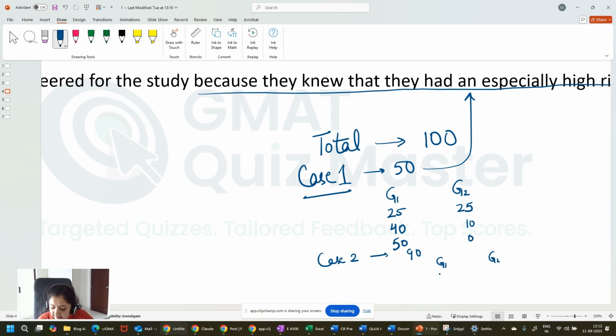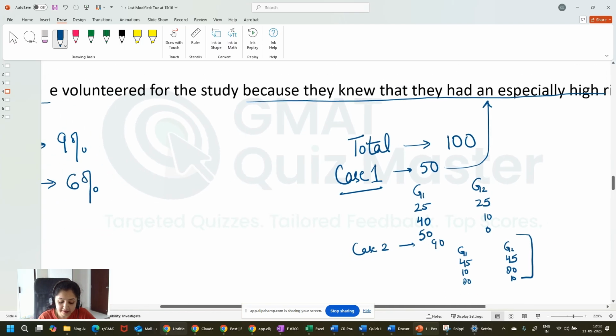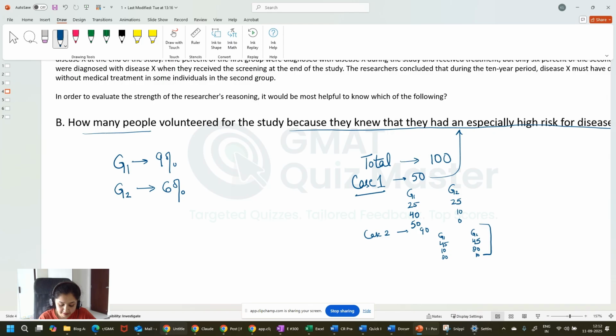Out of these 90, 45 and 45 could have gone to both the groups, or maybe 10 and 80, or maybe 80 and 10. How does that matter? It does not explain how or why the results of G1 and G2 are different, right? It does not explain this, and that is why this choice is also incorrect. It is also irrelevant.